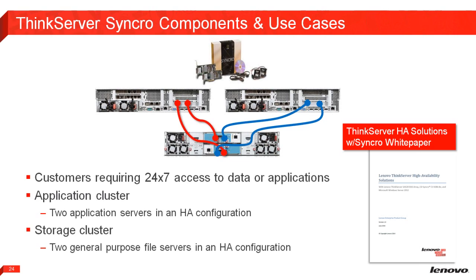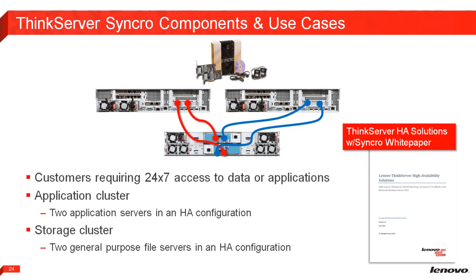Maybe you've got Exchange. Think of places like a law firm that wants to make sure their email is up all the time. It would be a nice place to put Exchange in that Hyper-V scenario, or maybe it's a business critical application that they want to make sure doesn't go down. You can have that in that Hyper-V cluster and have that high availability solution.